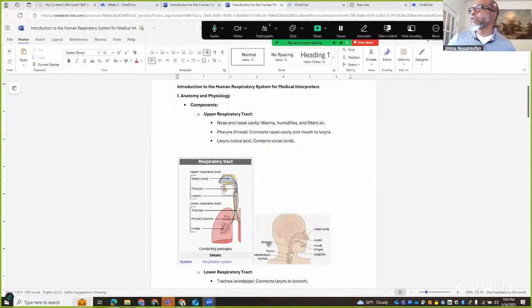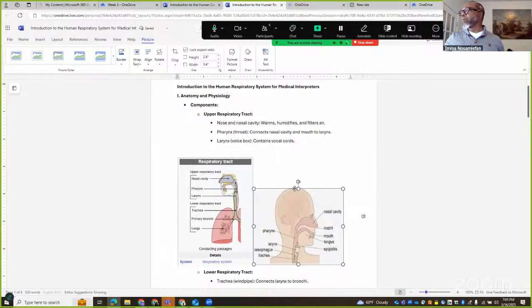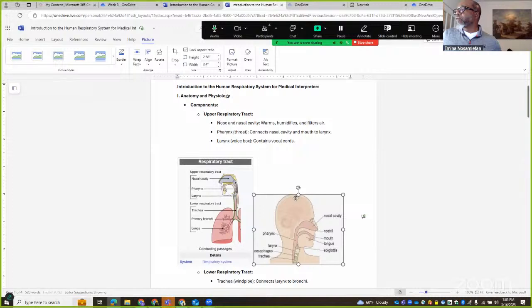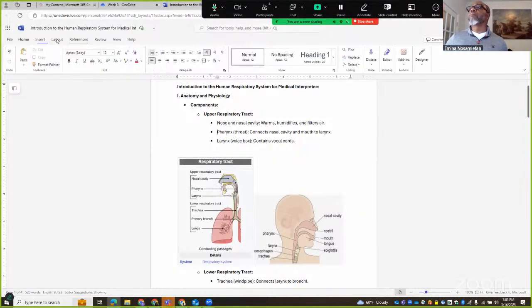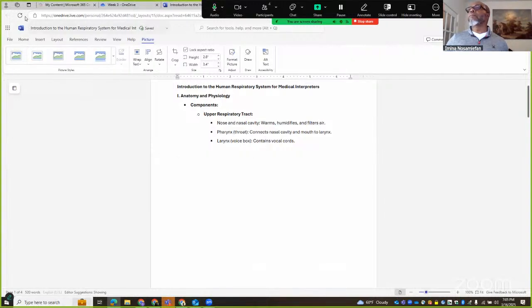Right, so we're looking at the respiratory system. It's a bit bigger. All right. Very clear. Sorry.